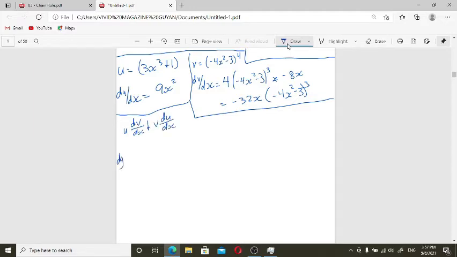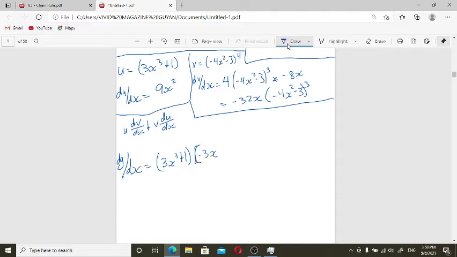So my dy upon dx is equal to u. Again, following the pattern, I write what u is: 3x cubed plus 1.